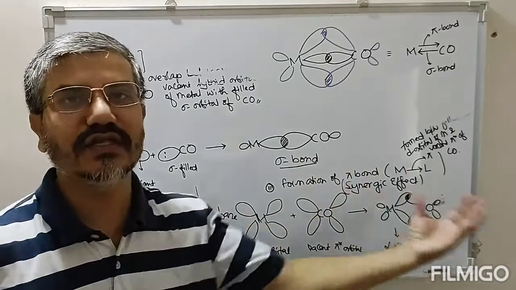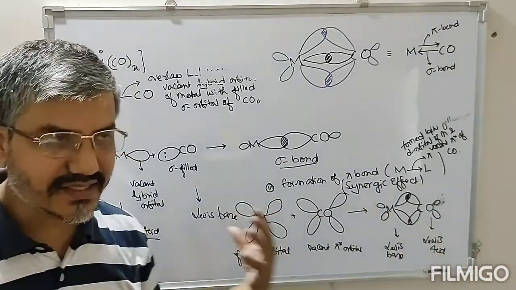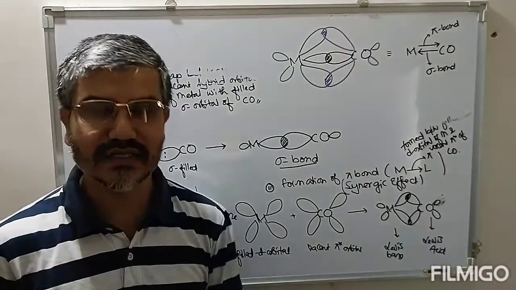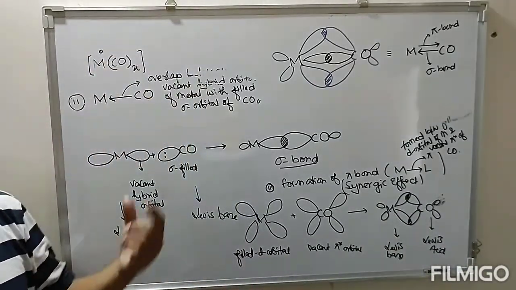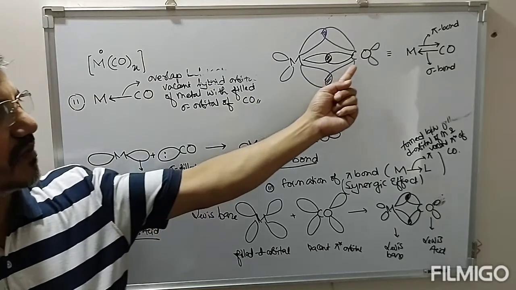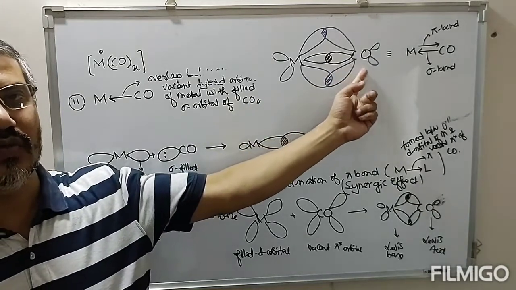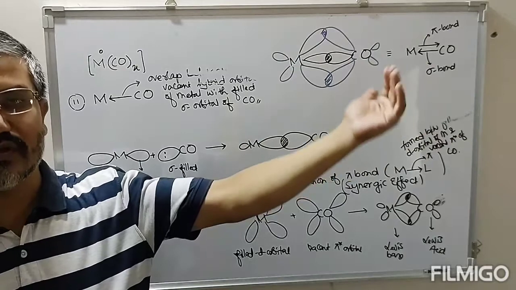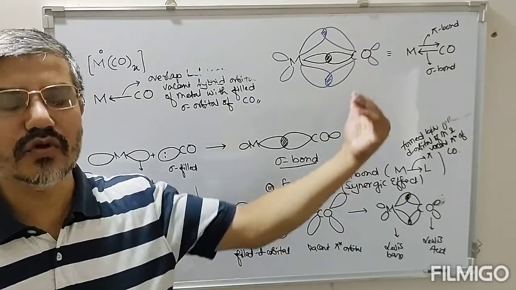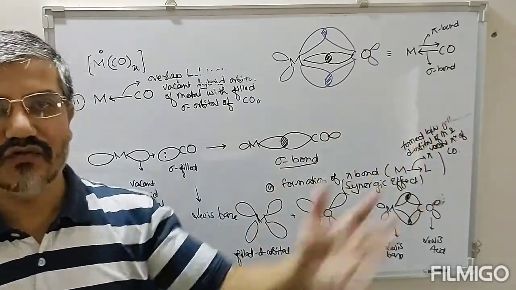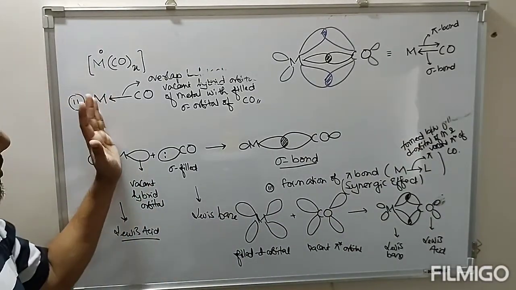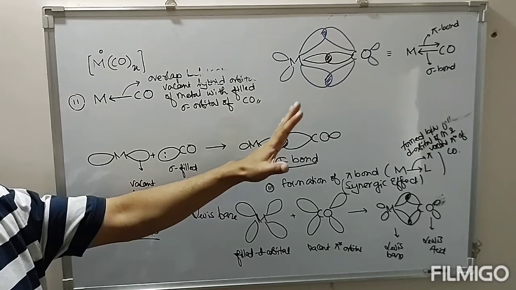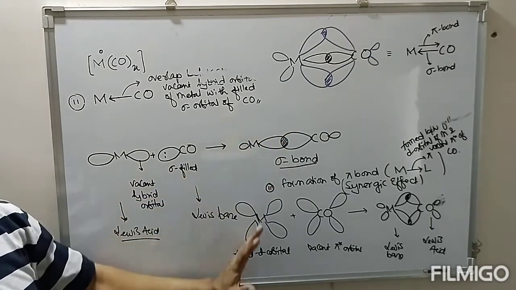As the back donation tendency increases, the bond strength between metal and carbon will increase. So when the metal carbon bond strength increases, the bond order of carbon oxygen, which is supposed to be a triple bond, is now less than triple, or the bond weakens, or the bond length of the carbon oxygen bond increases. This is the formation of metal carbonyl. I hope the point is clear.